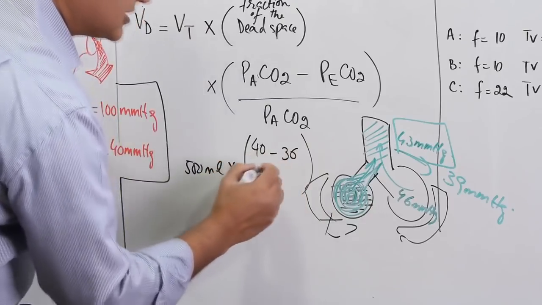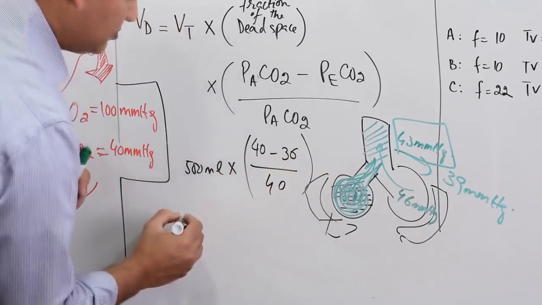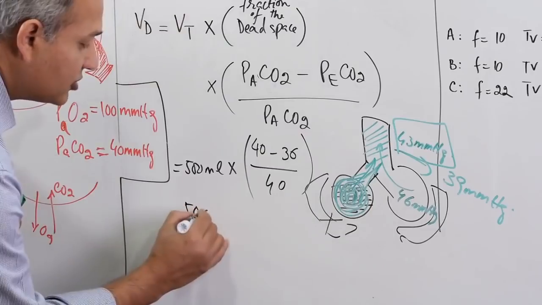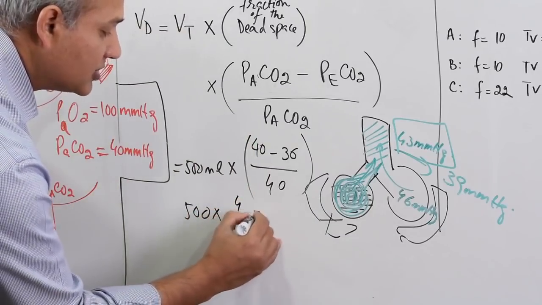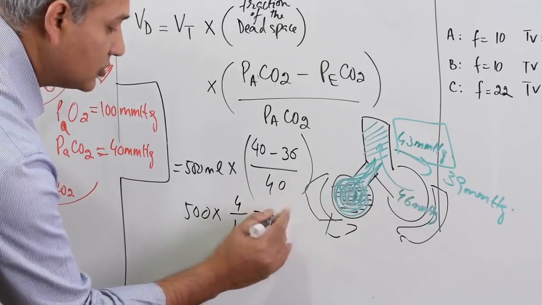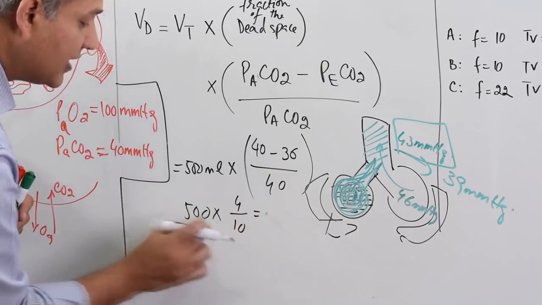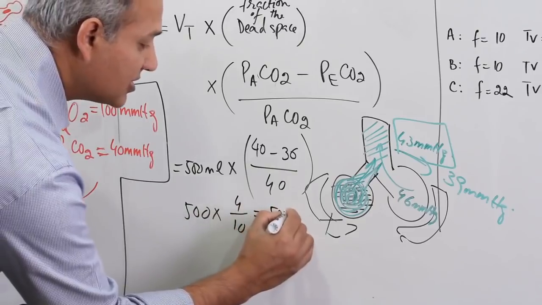Then you do 40 minus 36 over 40, which means 500 multiplied by 4 over 40. So you can now see this is going to be 1/10, so 50 milliliter.